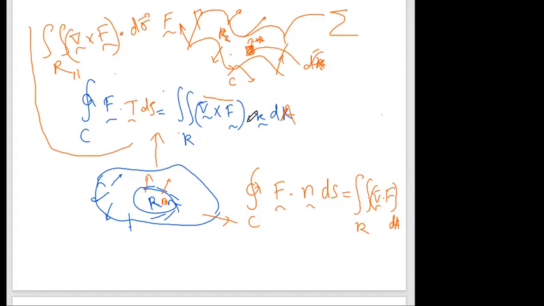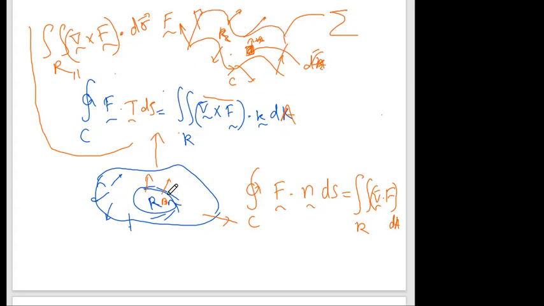Now we generalize that first version of Green's theorem. This is the 3D version of Green's theorem, which is called Stokes theorem, right? You get the same integral. Now your boundary is this one. C is a curve in three-dimensional space.